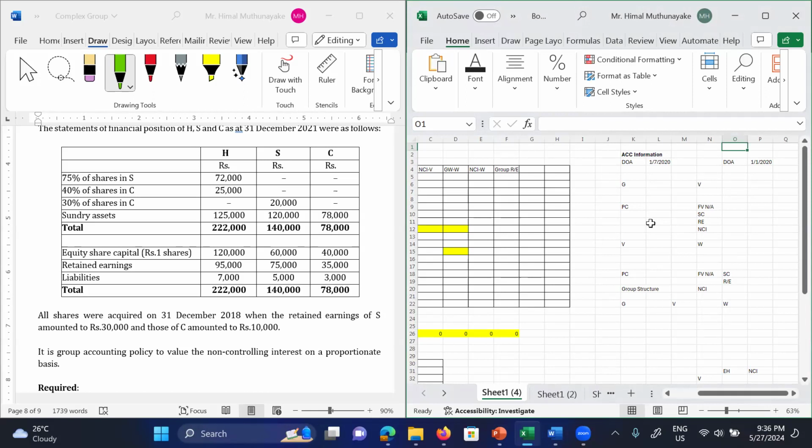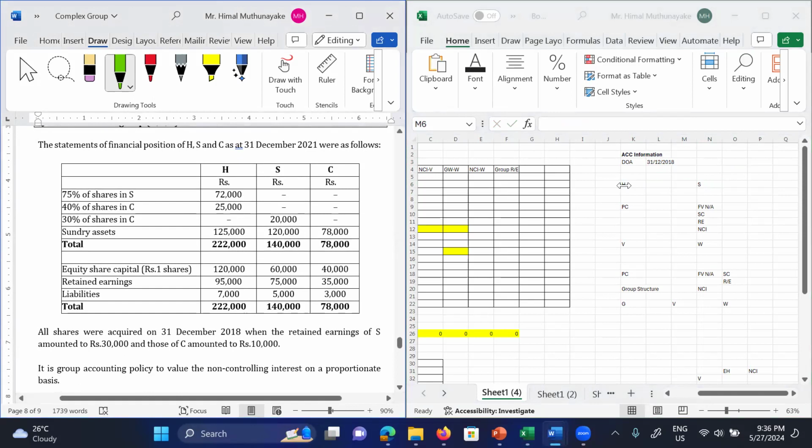Right. So first of all, the acquisition date, the same acquisition date, 31st December 2018. There's no change in the acquisition date. So the companies we are having are H, S and C. H and S direct control, right?